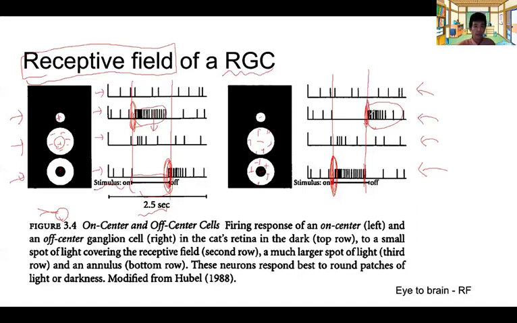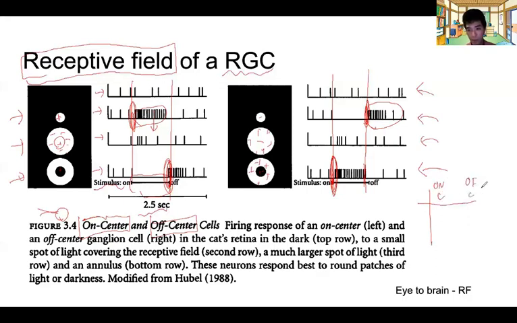And typically, retinal ganglion cells have a structure called on-center or off-center. So on-center corresponds to the left and the off-center corresponds to the right, and also a combination of onset response or offset response.